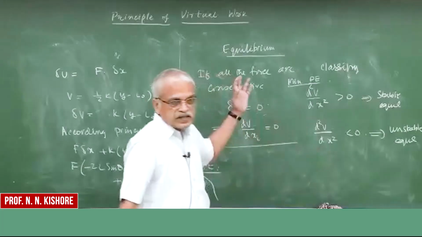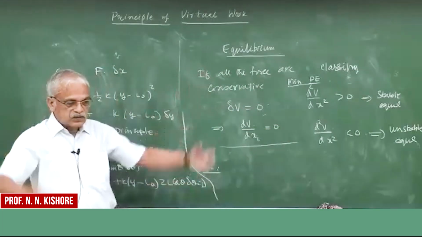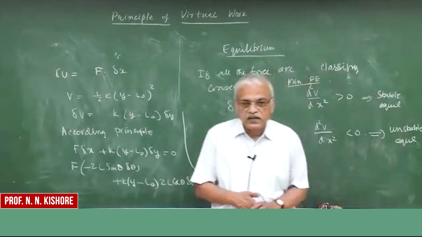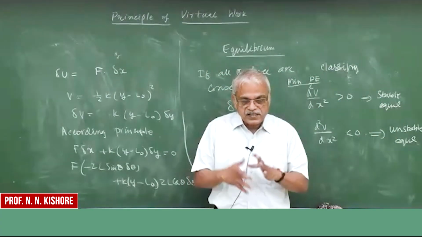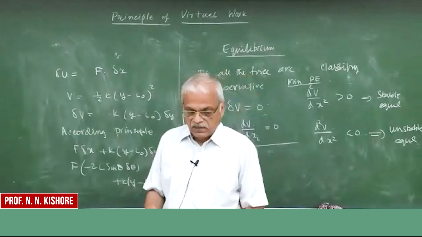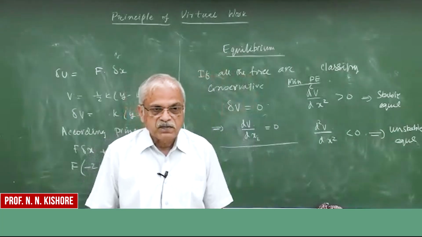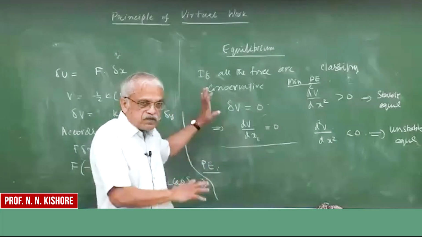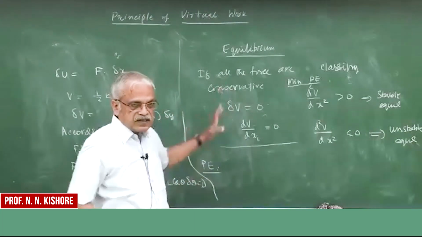So that's how the principle of virtual work really gave a lot of insight into the state of equilibrium, whether it is stable or unstable. And it also gave us a very powerful way of handling these equilibrium equations.